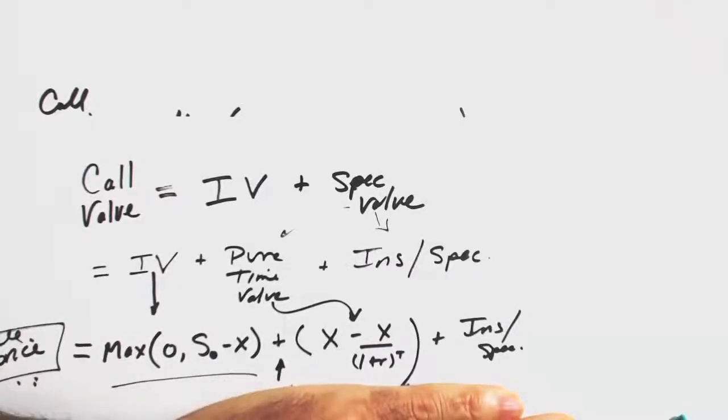And then what's happening is if you exercise the option, you're literally throwing away this, and you're throwing away this component. You're literally throwing those two values away just to get this guy. So my argument is if the stock doesn't pay a dividend, then why not sell the option? Sell it.